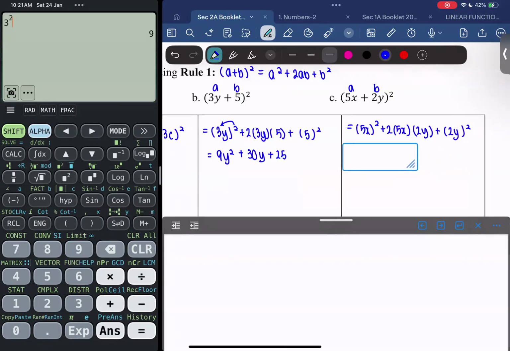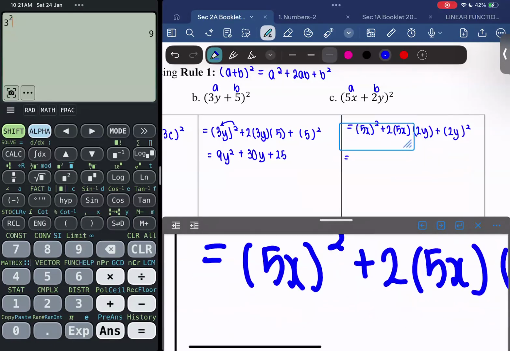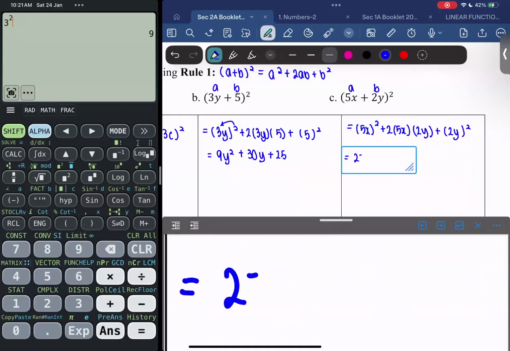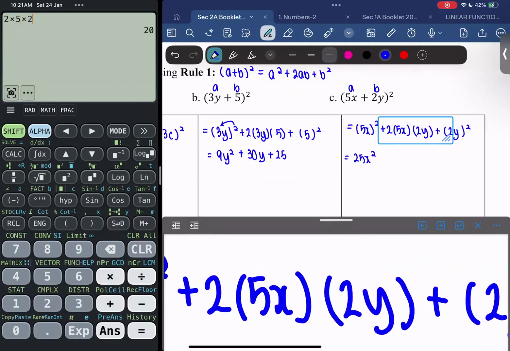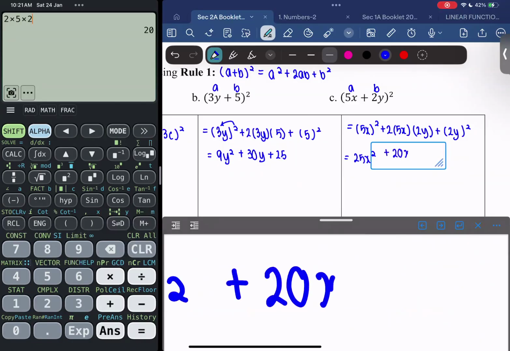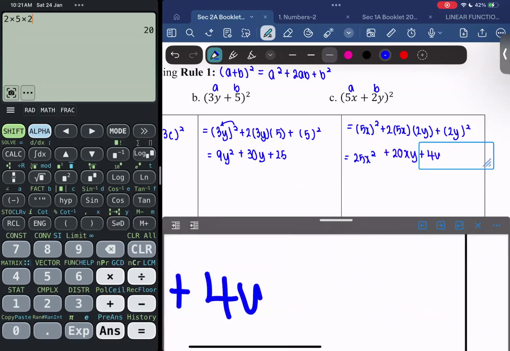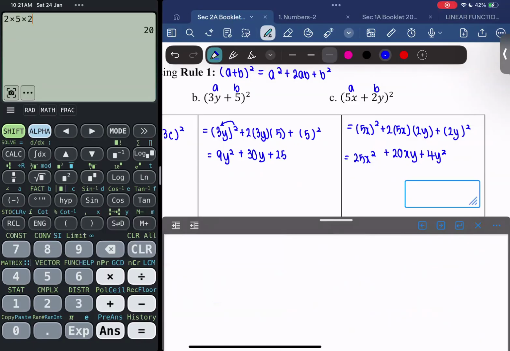Open up. This is not 5 times 2. This is 5 squared. 25x squared. Over here, 2 times 5 times 2 on your calculator, plus 20xy plus 4y squared.